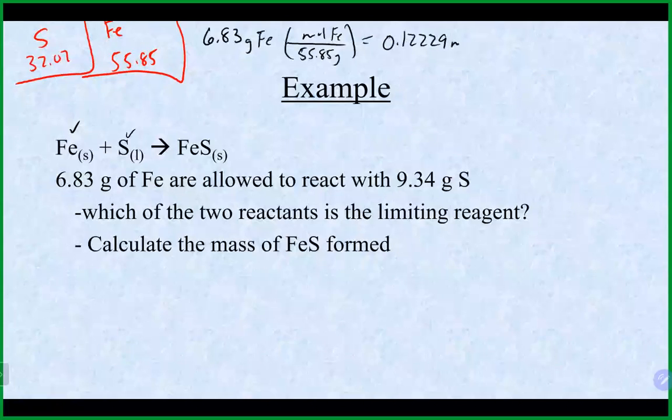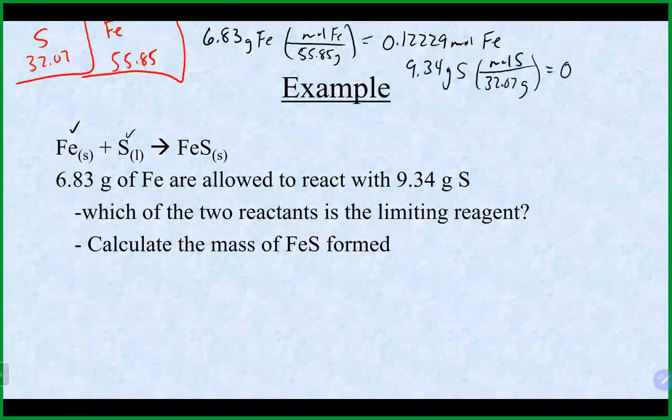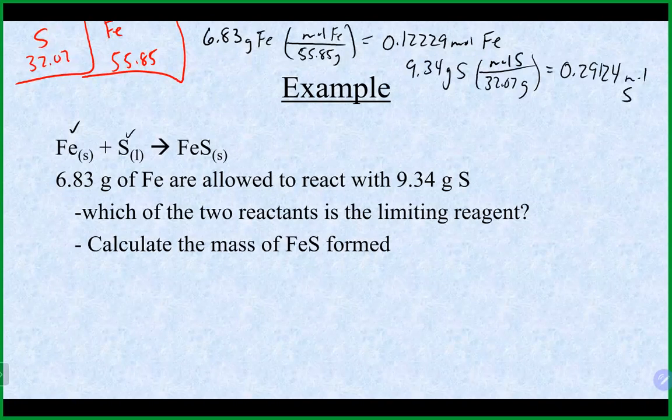I'm not going to round too much here. We're going to do the same thing for our other one. So we got 9.34 grams of sulfur, 32.07 grams per mole for our sulfur from the periodic table. 9.34 divided by 32.07, getting us 0.29124 moles of sulfur.